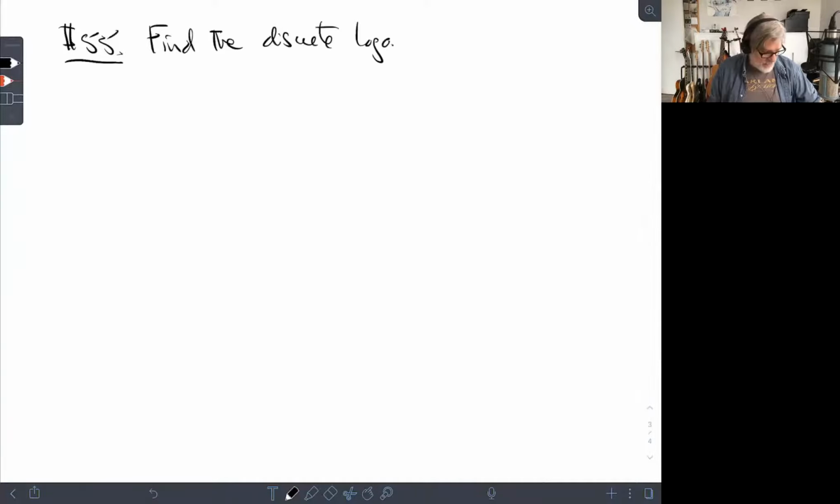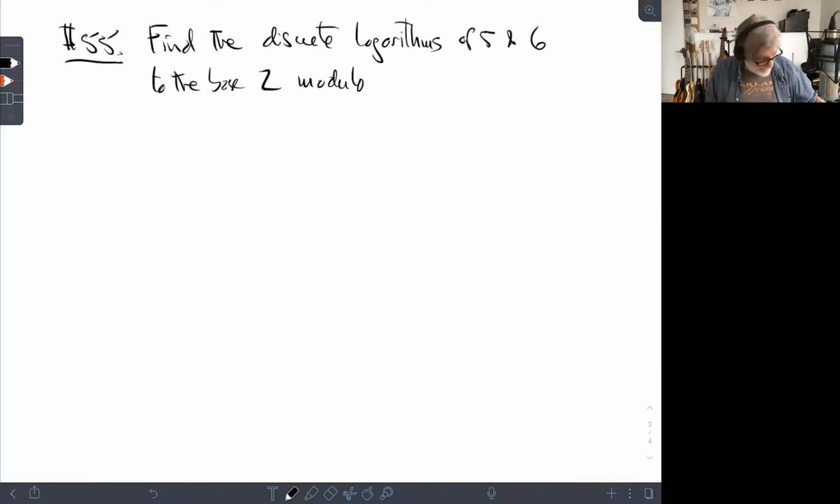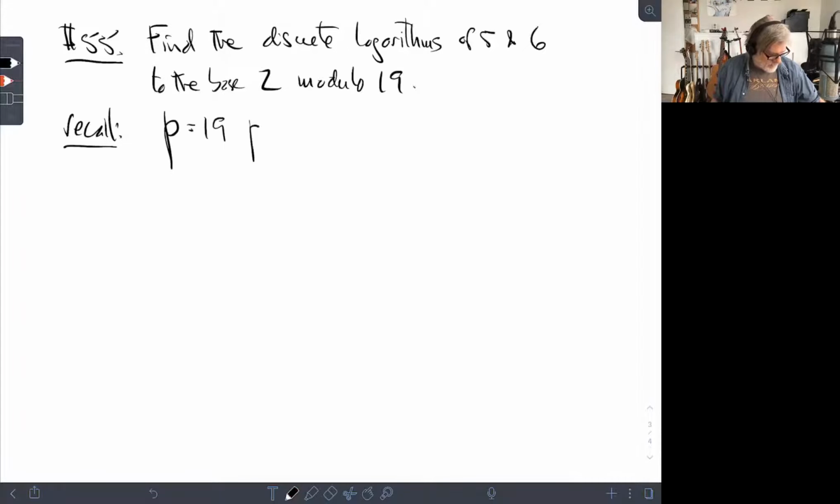I didn't spend much time on this, so I will forgive you if you don't remember what this means. I will refresh your memory. Find the discrete logarithms of 5 and 6 to the base 2 modulo 19. Recall, I have a prime, which is 19. Here p is 19, that's a prime.